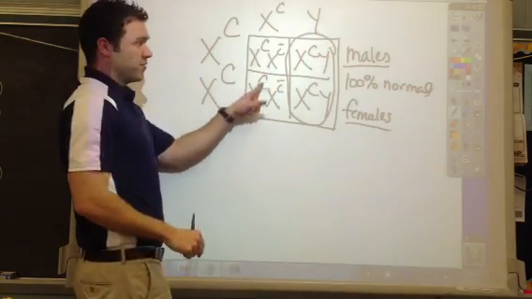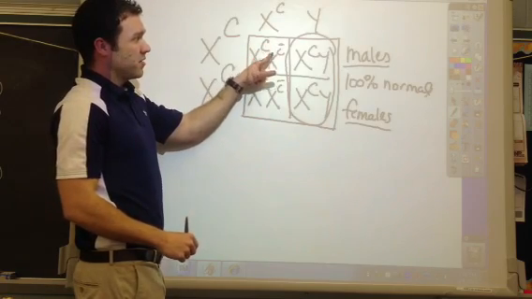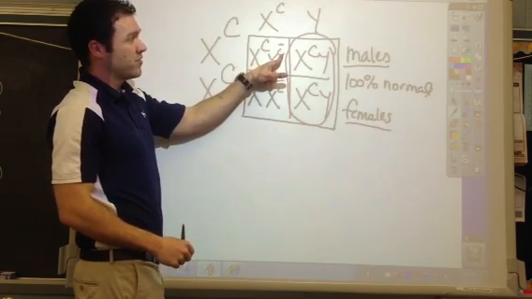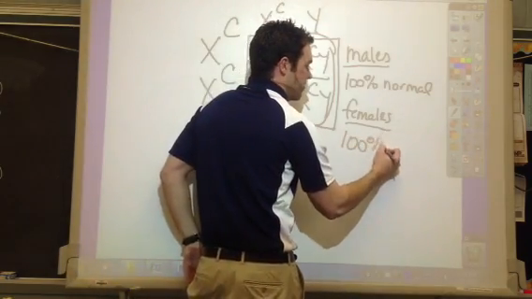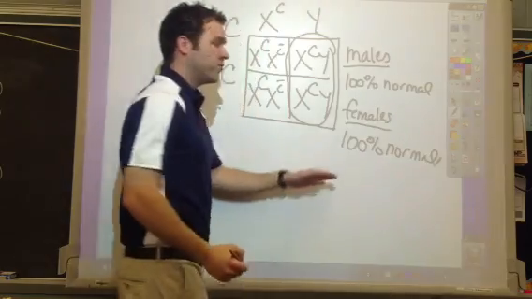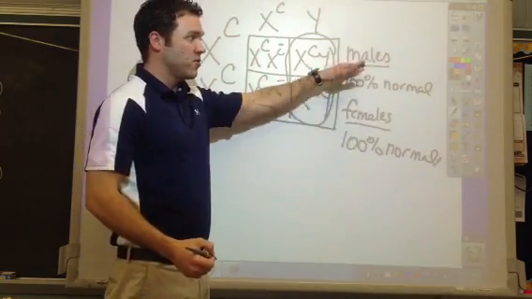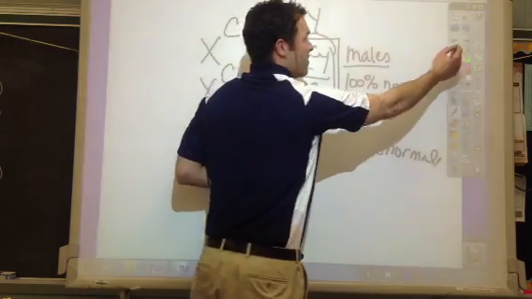For the females, they have a dominant normal gene and they have a recessive, so they would still see normal vision. So in this case, the females are also normal. But you still have to separate out the genders for it.